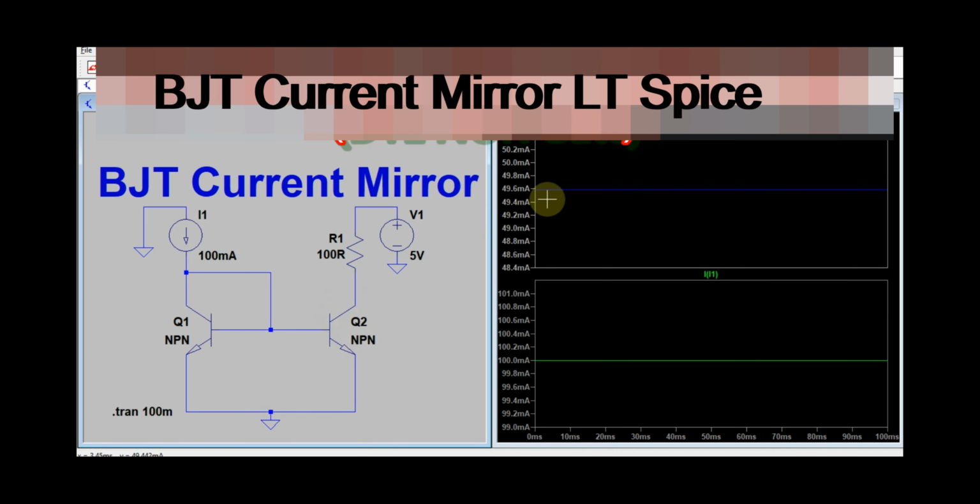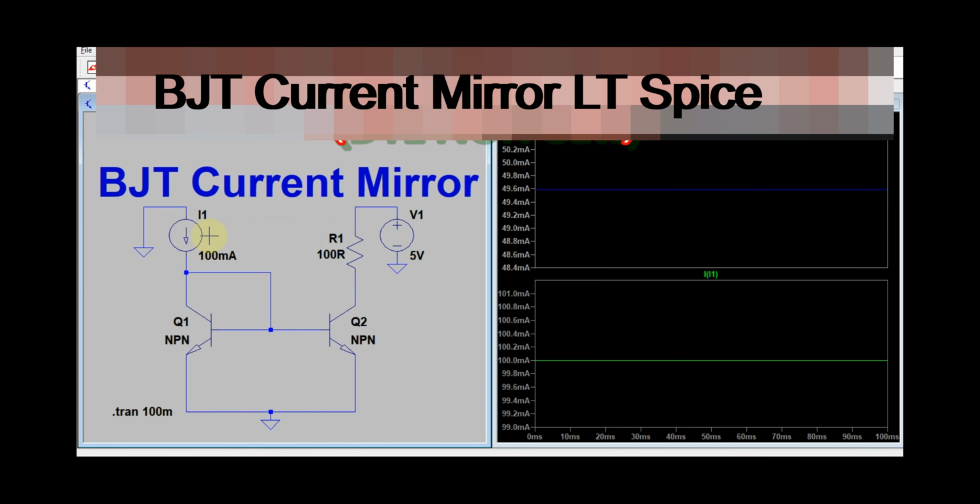What you can conclude here is that you have set one reference current, I1, the current flowing through this branch, which is constant at 100 milliampere. On this other branch, if you try to increase the current, it will not increase and will remain the same as I1.